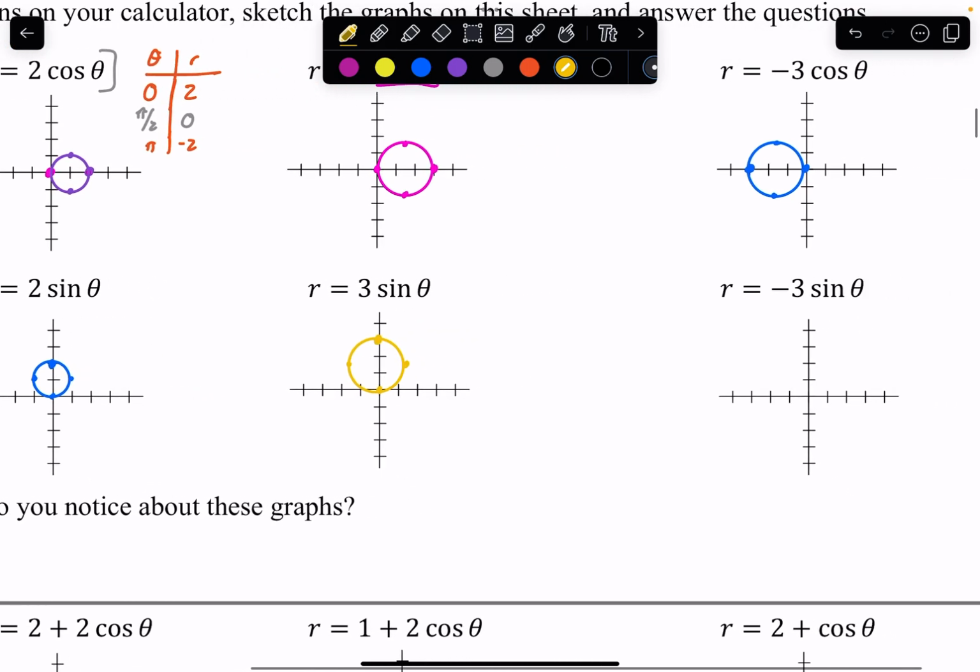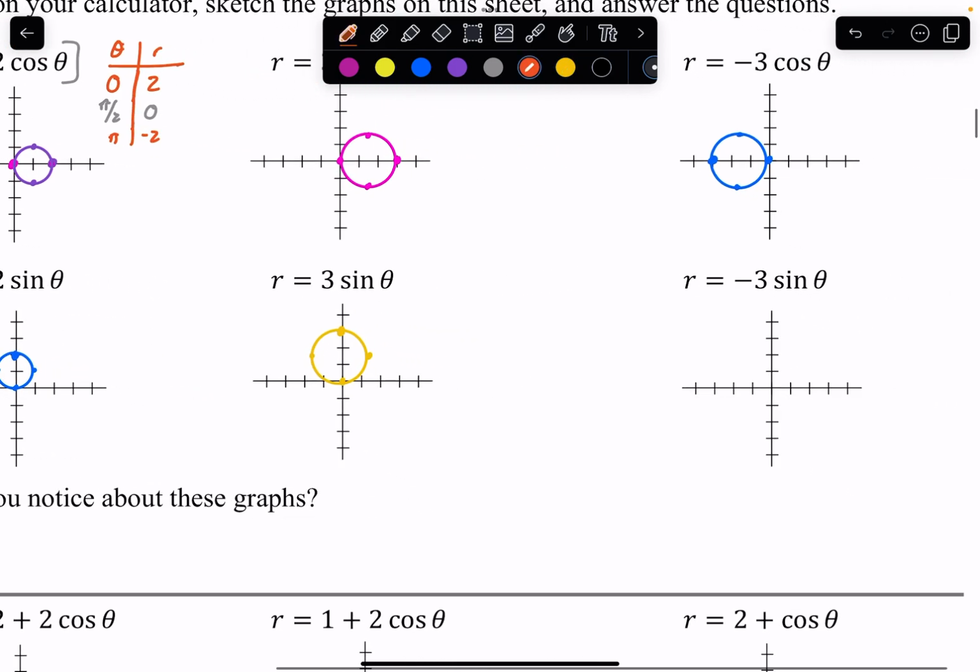All right, close enough. And then the -3, which I just built for you, is going to go down here on the negative part of the y-axis. About right there, about right there. So there is our circle, or our circles.